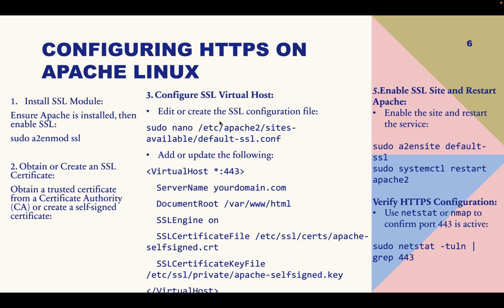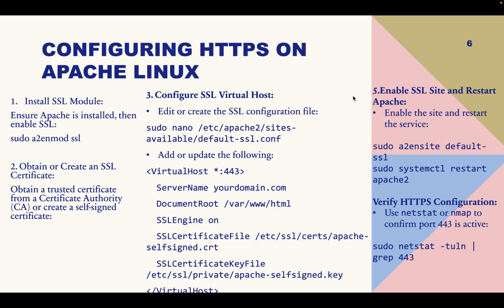After that, you would configure the SSL configuration file using the sudo nano command, this one right here. And then you want to add the following information as listed to make sure all the settings are right.